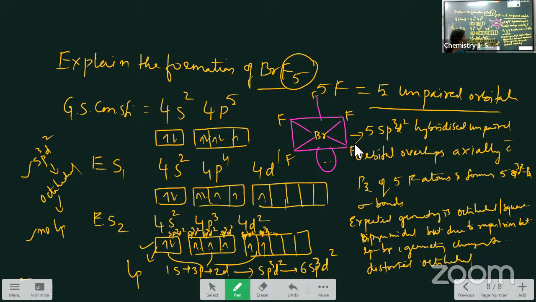Square bipyramidal. But due to repulsions between lone pair and bond pair, geometry changes to distorted octahedral or square pyramidal. Or square pyramidal. Don't write distorted octahedral. Write square pyramidal. Okay, it will be sufficient. The geometry is distorted square pyramidal.